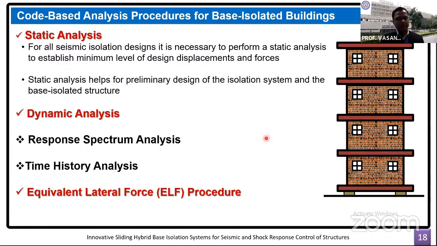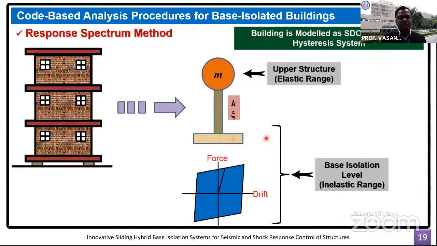And for relatively taller structures with higher nonlinearity, most of the codes recommend conducting the nonlinear dynamic time history analysis or the nonlinear response spectrum analysis. Some of these details I will go through quickly because Professor Deb has already covered them. In the response spectrum method, essentially we first model the structure as a single degree of freedom system, incorporate the inelastic or nonlinear isolation system at the bottom, and determine the response based on the available response spectrum.